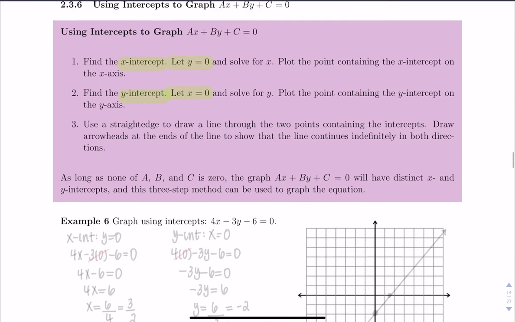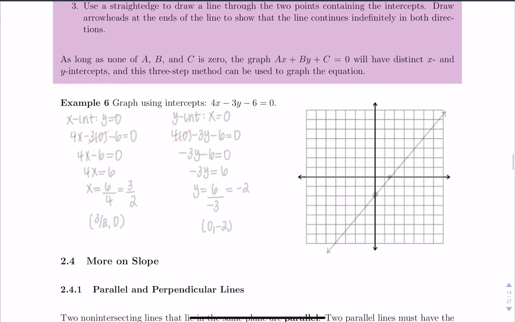So let's go ahead and try this with 4x minus 3y minus 6 equals 0. So to find the x-intercept, you let y be 0. So we have 4x minus 3 times 0 minus 6 equals 0.